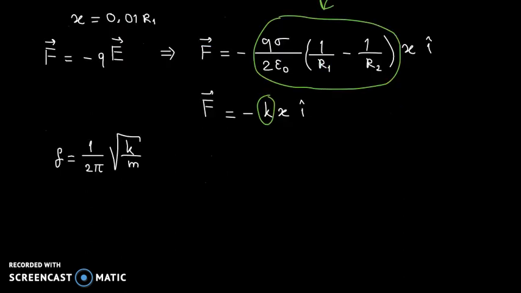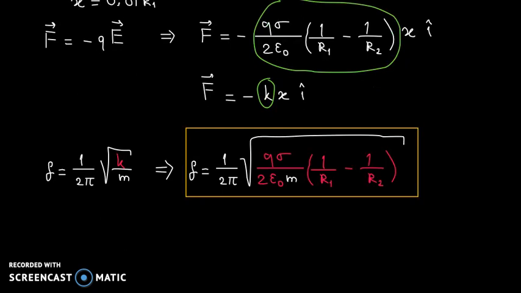Again, from Physics 1, frequency of oscillations is equal to 1 over 2 pi square root of k over m, with k being the spring constant and m being the mass of the particle that is oscillating. So I am going to substitute for k the effective spring constant that I was able to identify in the expression for force acting on the negatively charged particle.